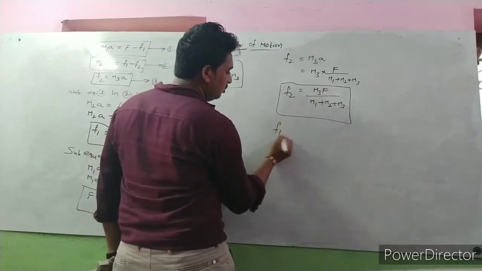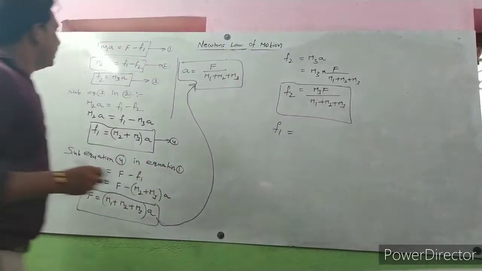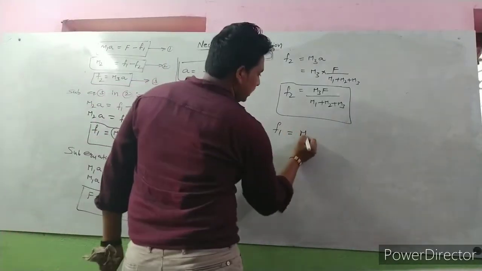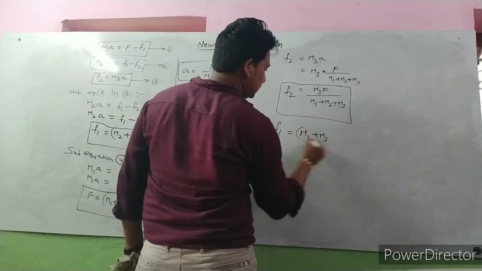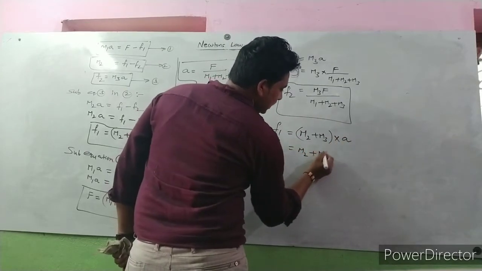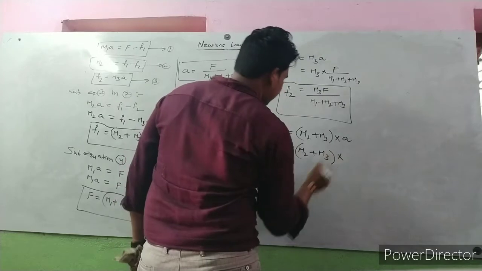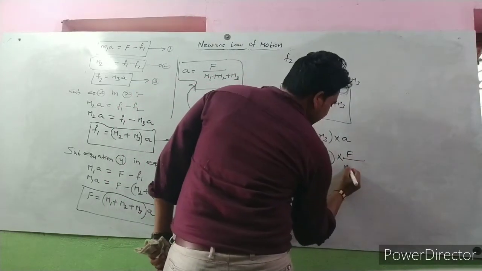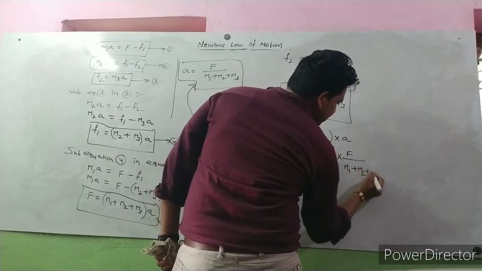And how do we get the F1 value? F1 is M2 plus M3 into A, and A is F by M1 plus M2 plus M3.